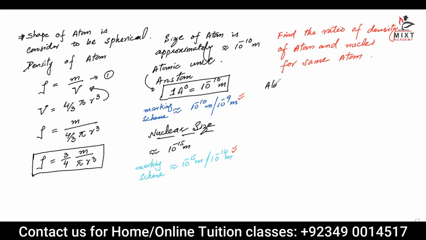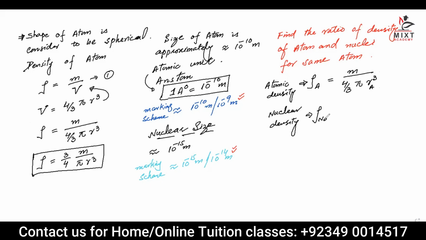The atomic density, this is a question which comes in paper 2, is equal to mass per 4/3 πr³, where r is for the atom. Now the nuclear density, which is approximately for the nucleus, is m divided by 4/3 πr³ for the nucleus. Masses are the same, pi is the same.